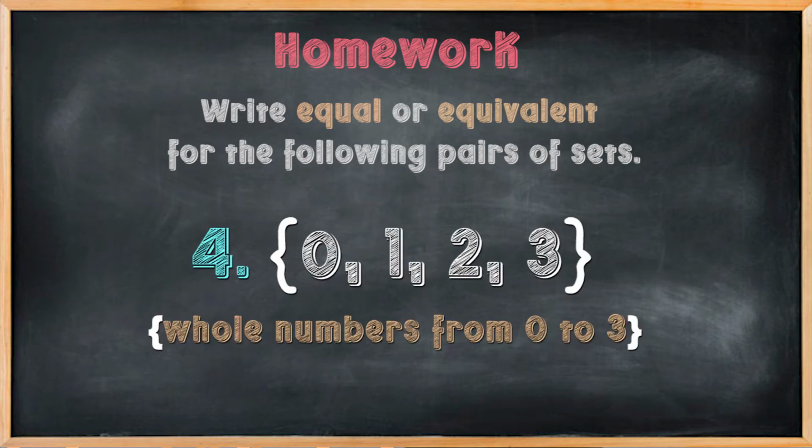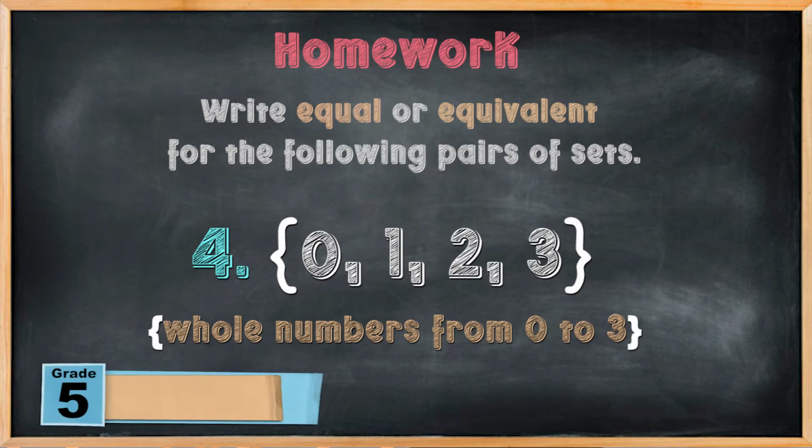Number 4, the first set has members 0, 1, 2, 3. And its pair has members that are whole numbers from 0 to 3.